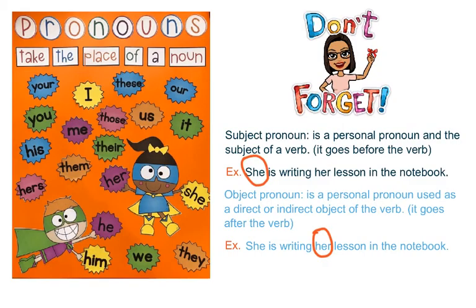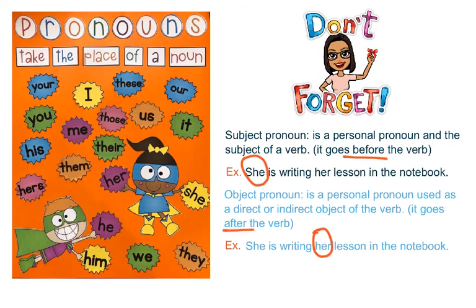Now let's review what we learned in today's lesson. Remember, pronouns take the place of a noun. Today we focus on subject pronouns and object pronouns. Remember, a subject pronoun works as the subject of a verb, so it goes before the verb. And an object pronoun is a personal pronoun used as a direct or indirect object of the verb, and it goes after the verb.